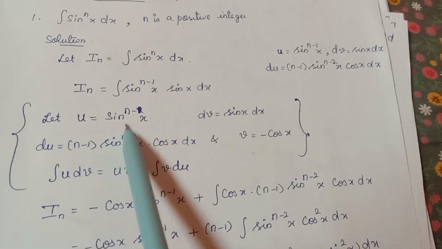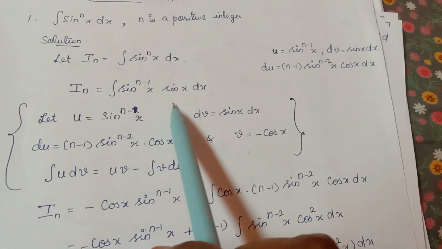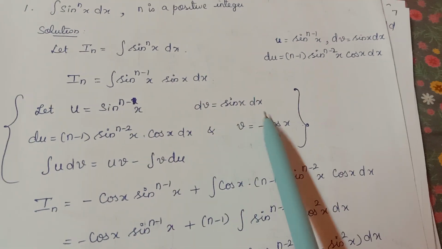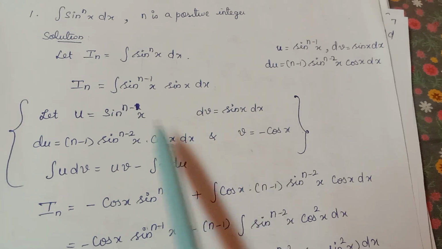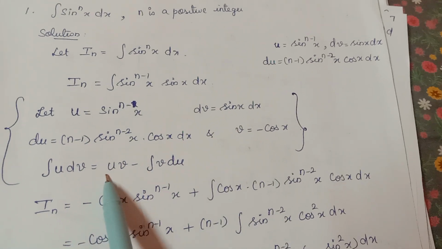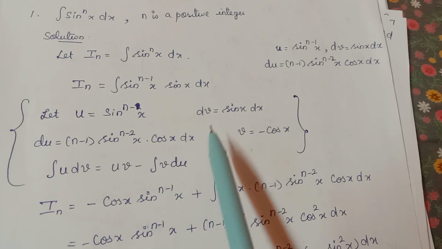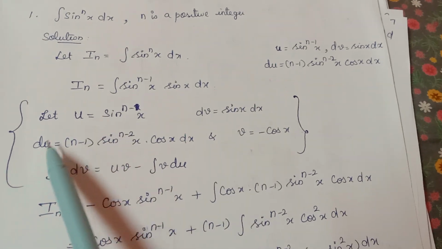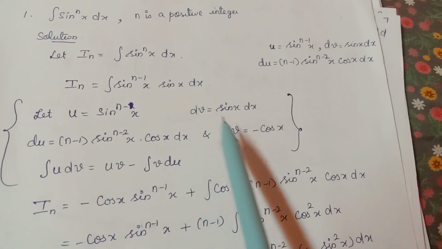Now you take u equal to sine power n minus 1 x, and this one, sin x dx, you take as dv. So u dv we have. For this formula we have to differentiate u and find du, and integrate dv and find v.